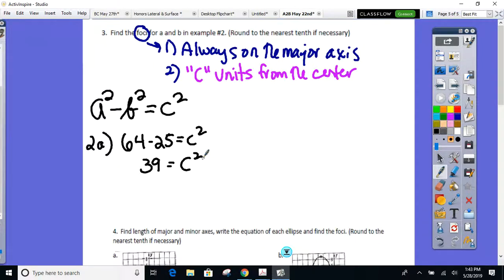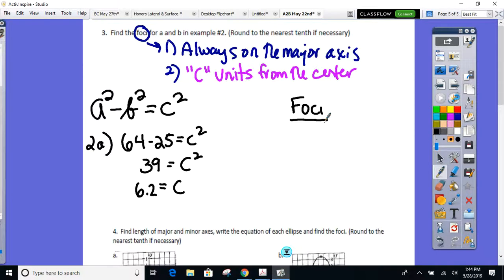Square root of 39, what do we got? 6.2? Okay. So it's going to be 6.2 units away from the center.